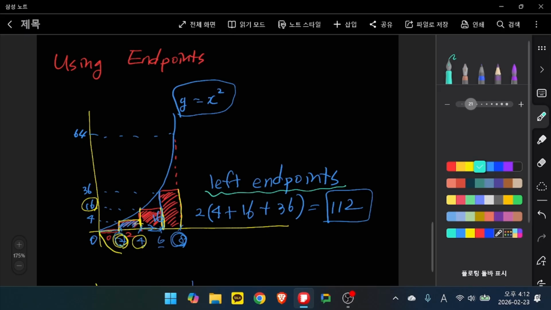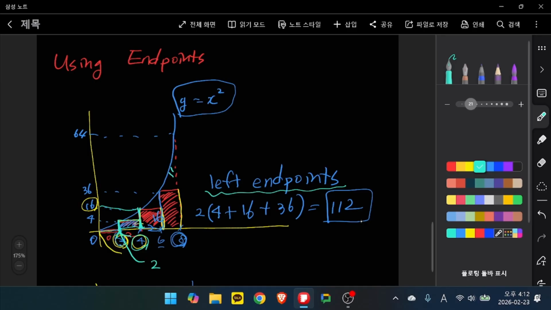So the height was 0 here, and for this rectangle I used left endpoint, which was x equals 2, and the height was 4 at x equals 2. So likewise, at x equals 4, the height was 16.